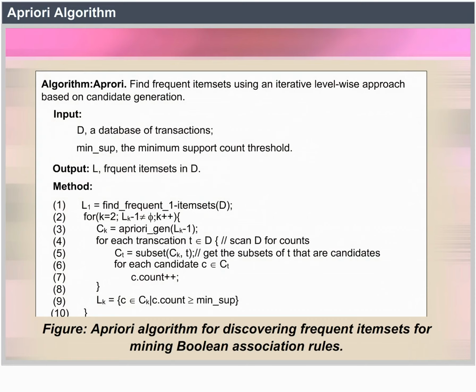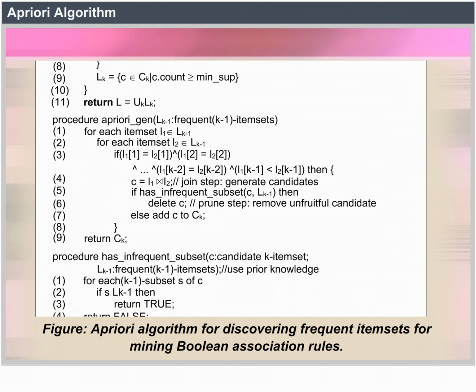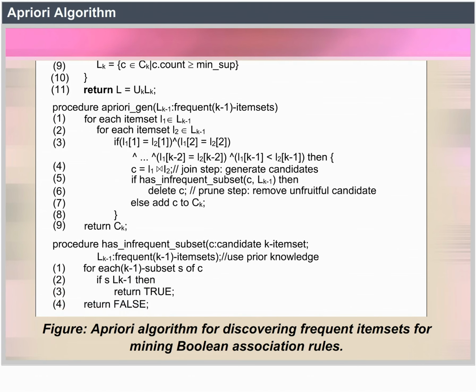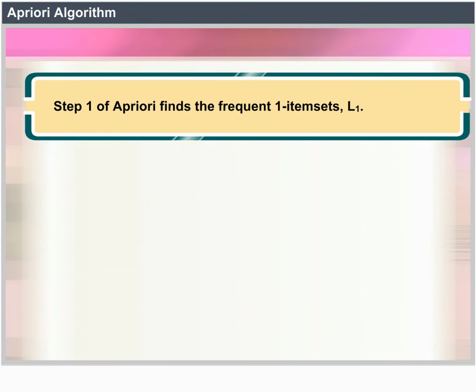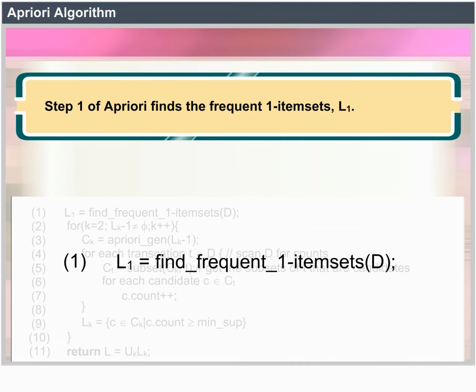Algorithm Apriori: find frequent item sets using an iterative level-wise approach based on candidate generation, as seen on the screen. Step 1 of Apriori finds the frequent 1-item sets L1.